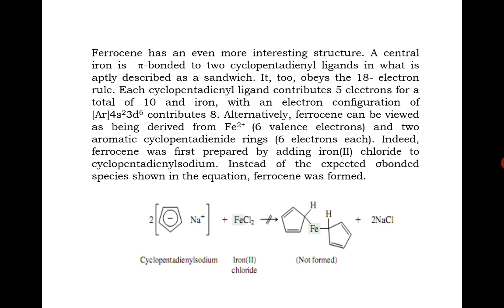Alternatively, ferrocene can be viewed as being derived from Fe2+ and 2 aromatic cyclopentadienide rings. Indeed, ferrocene was first prepared by adding iron(II) chloride to cyclopentadienyl sodium. Instead of the expected sigma bonded species shown in the equation, ferrocene was formed.